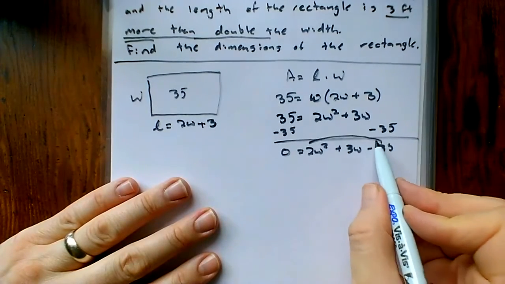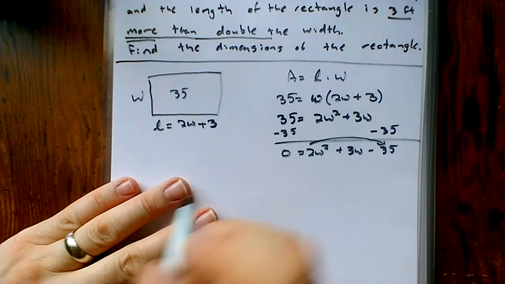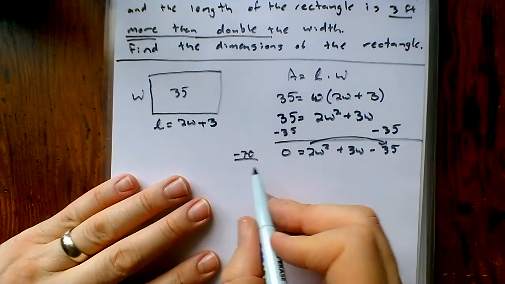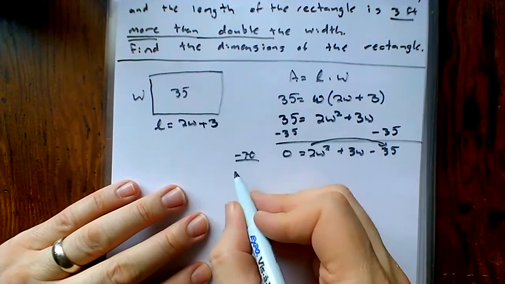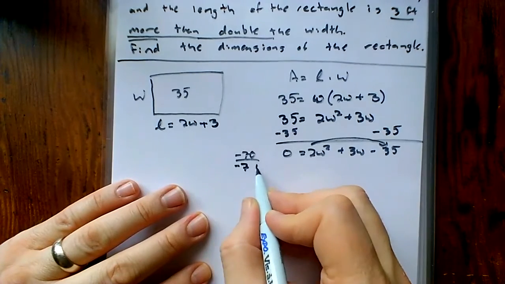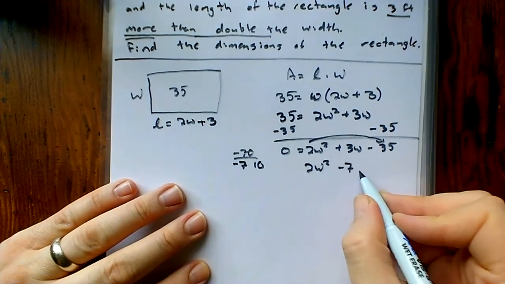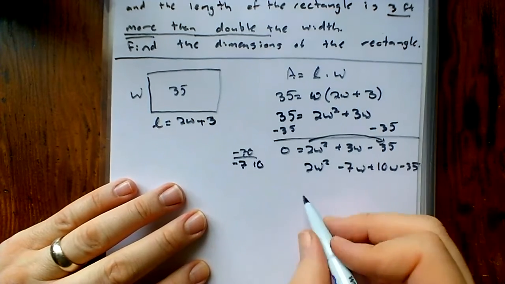And it looks like my key number here I'm looking for is going to be 2 times negative 35. That would be negative 70. Without belaboring this too much, something that would multiply to be negative 70 and add together to be 3 would be, say, negative 7 and 10. So I could say, oh, that's 2w squared minus 7w plus 10w minus 35.